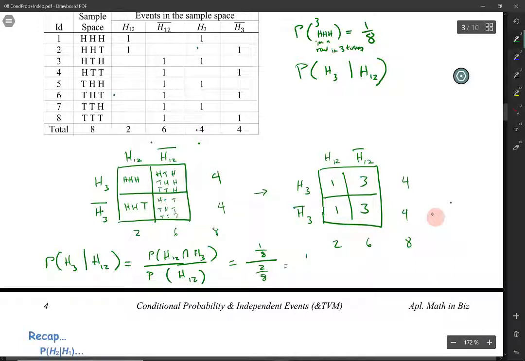So when I divide, I just copy the numerator over, and then I take the reciprocal of the denominator. And so that's equal to 1/2, which is 0.5. Does that make sense?